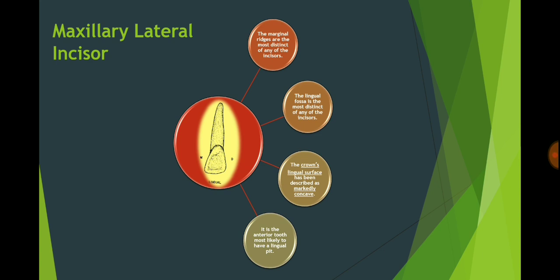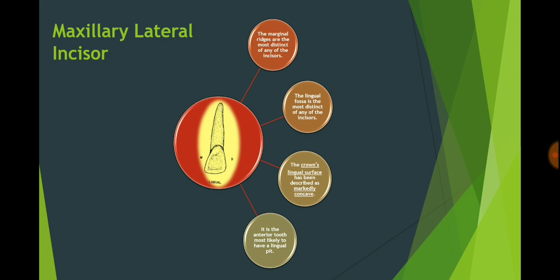So still on the maxillary lateral incisor, as you can see, this is the lingual view of the maxillary lateral incisor. Okay, the marginal ridges on the maxillary lateral incisors are usually more distinct of any other incisor. So how I see this is that it looks almost like a spoon.